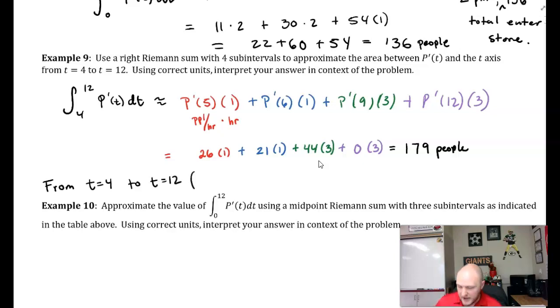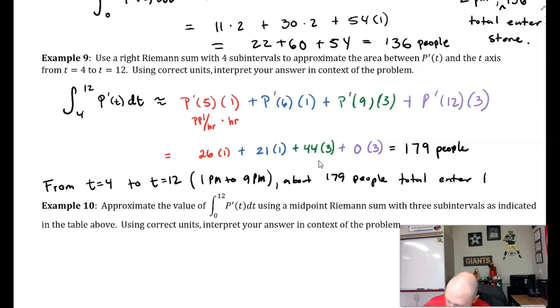Another way of saying this would be from 1 p.m. to 9 p.m. About 179 people total enter the department store. Okay? And that's what it means in context.